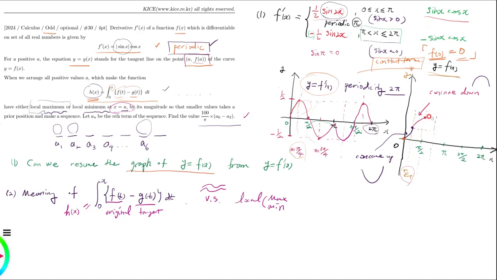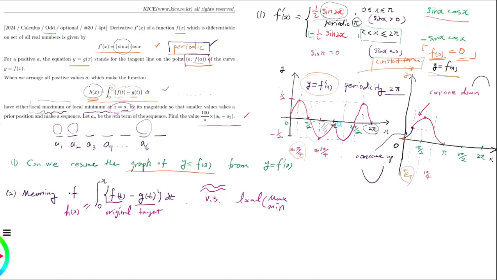It looks like this, concave down, and then from here 3 times pi over 4 to pi, the absolute value of f prime decreases, but it goes to 0, so it's a concave up here.